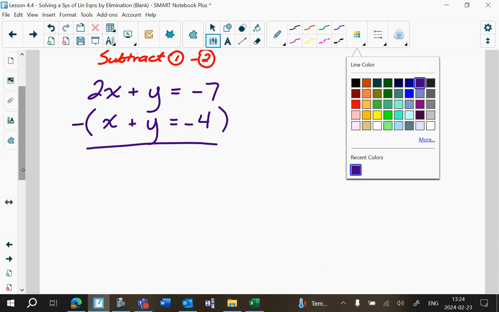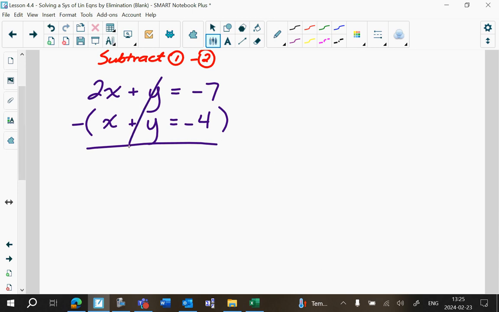So y subtract y, those are gone. 2x minus x is x, equals, now you've got to be careful with this. This is -7, subtract -4. -7 subtract -4 becomes -7 plus 4, which is what? -3. You're halfway. You've got one of the variables.